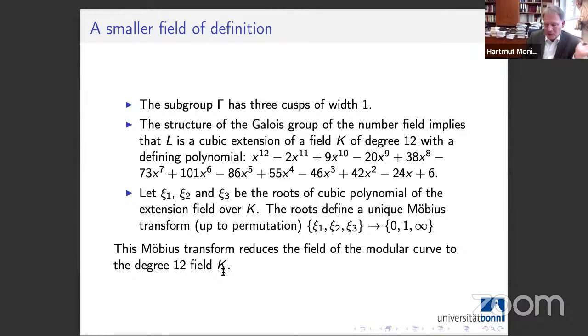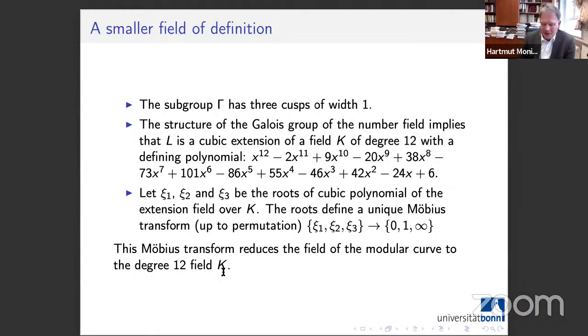And now A12 has no more extra symmetries which you could use to reduce the number field. So this is the generic field, and A12 is the field of definition of that curve. In my paper on the archive, you can download the degree 36 fields, the Möbius transformation, and the degree 12 curve.